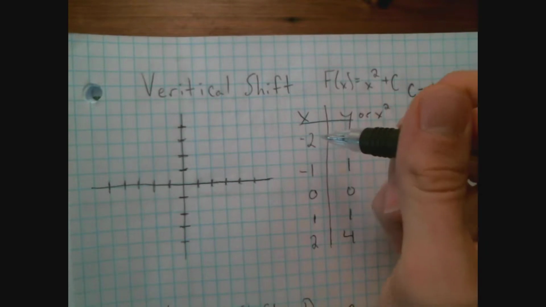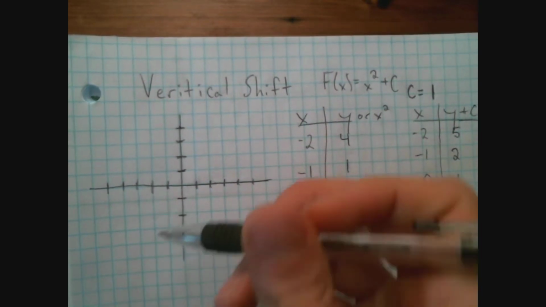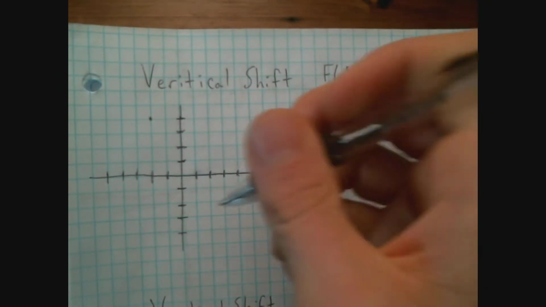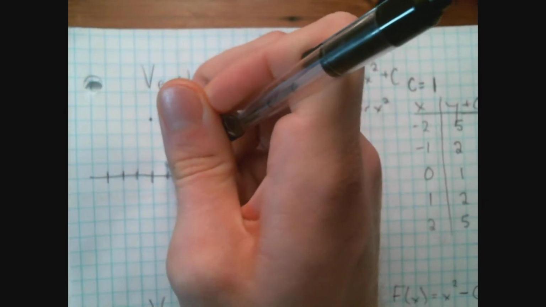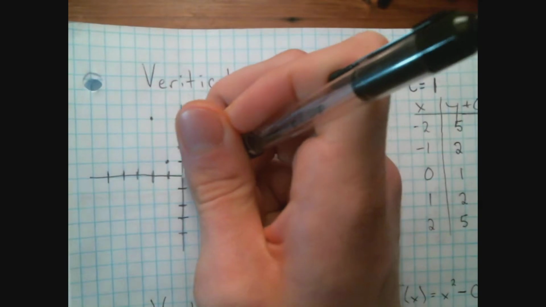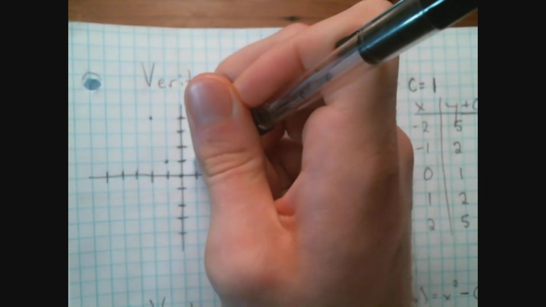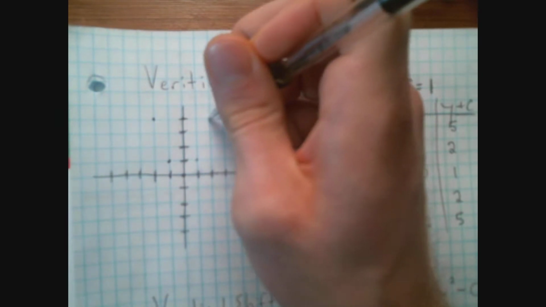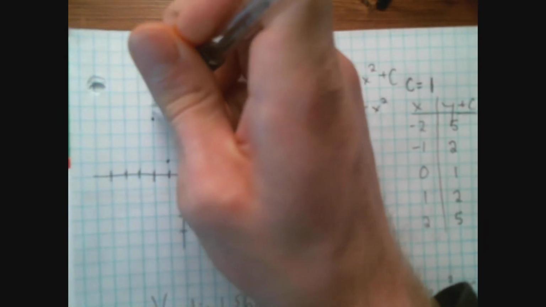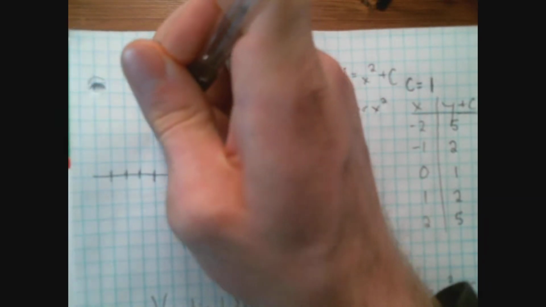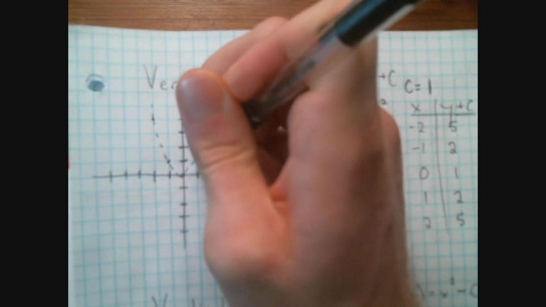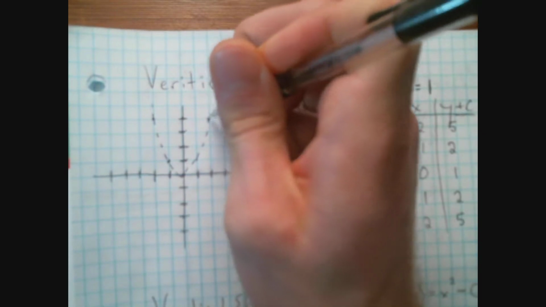So our first point is negative 2, and then you go up 4, negative 1, 1, the origin, 1, 1, and then 2, 4. So our original function will look something like this.